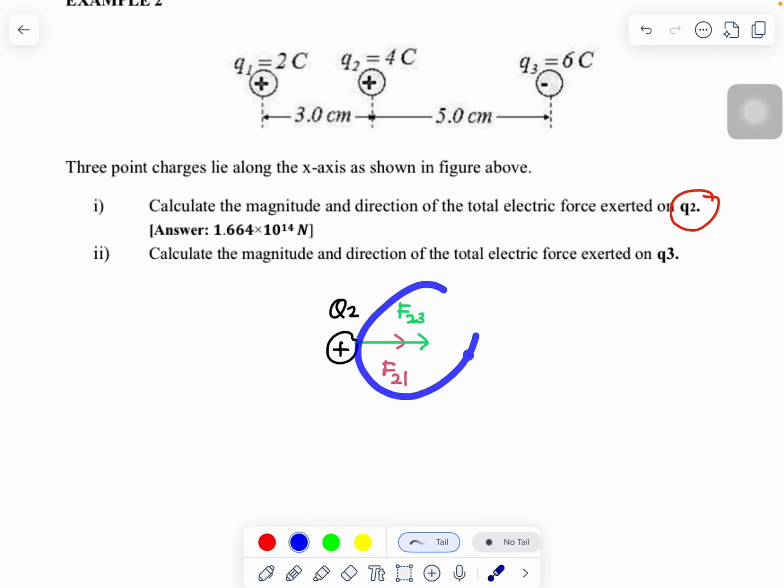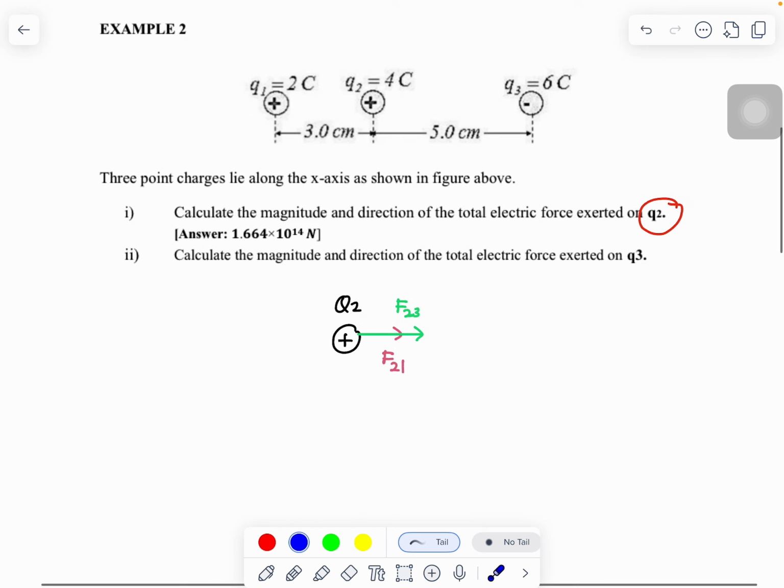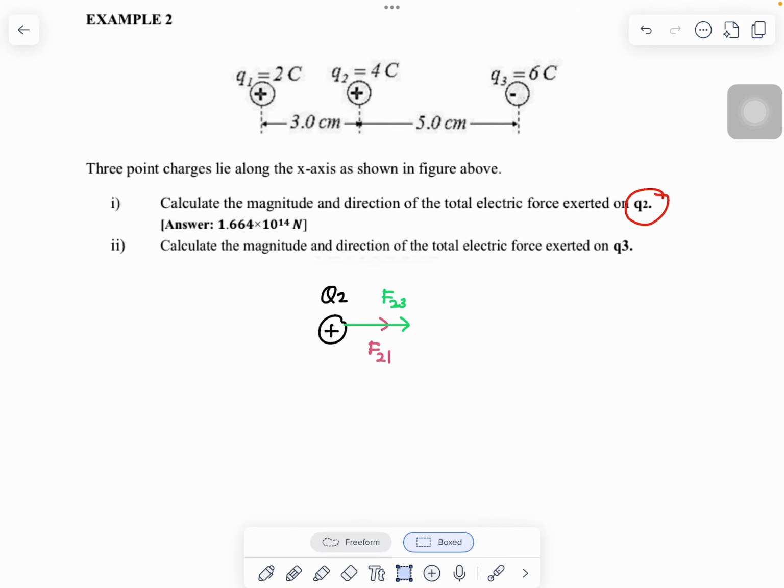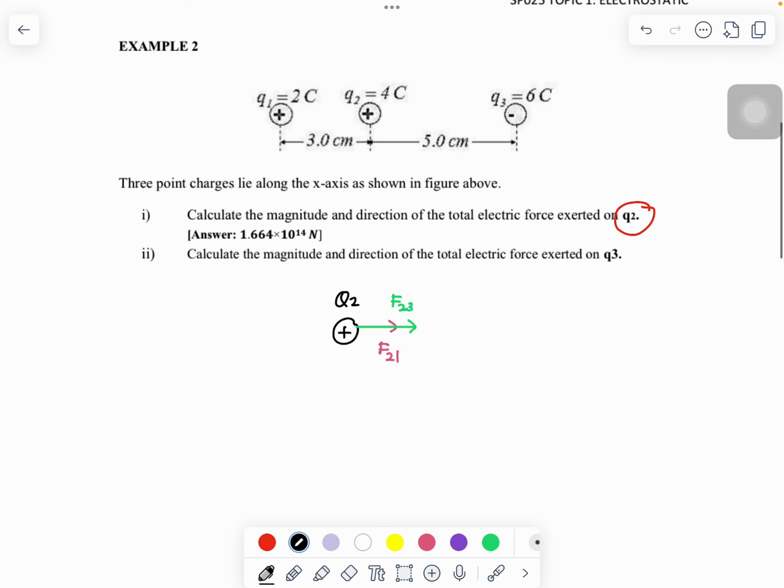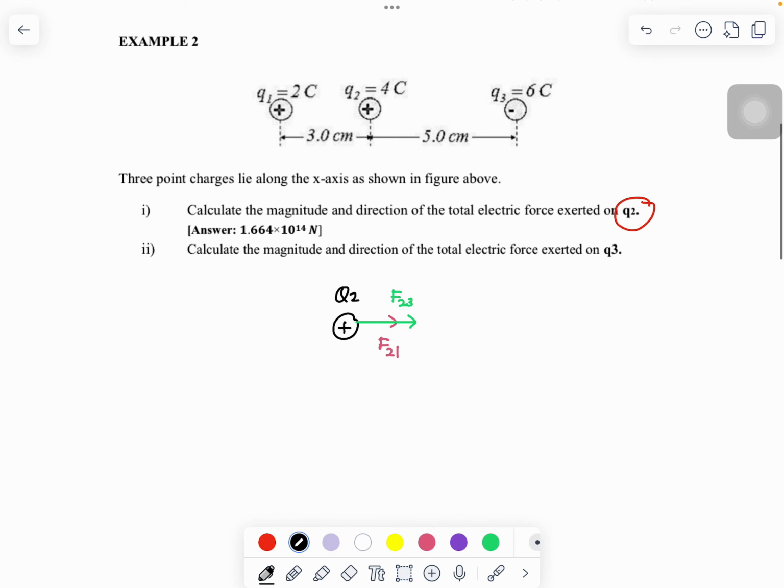So as you can see here, kita ada dua force dekat Q2, F23 and F21. And then since we want to calculate the total, right, the total, which is the sum, so what we do is kita akan keluarkanlah equation of the sum.